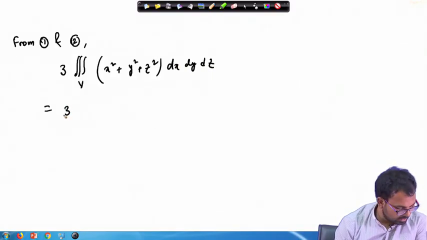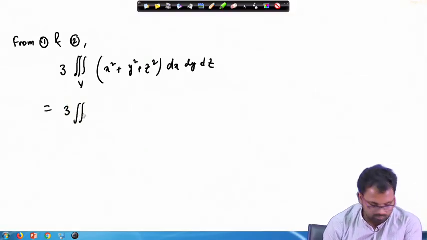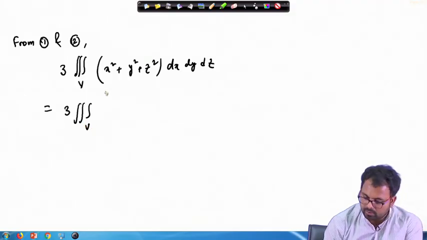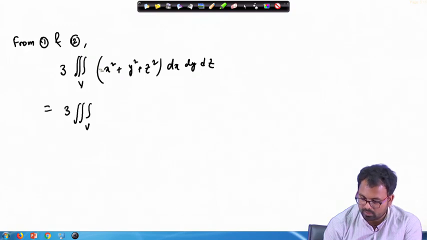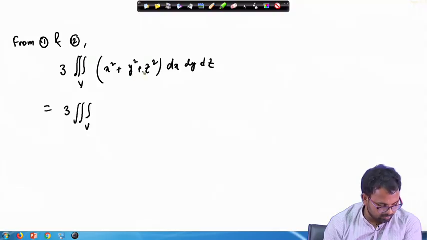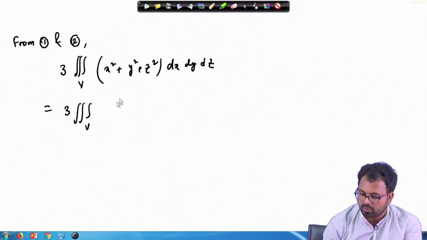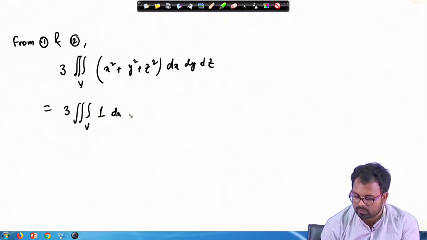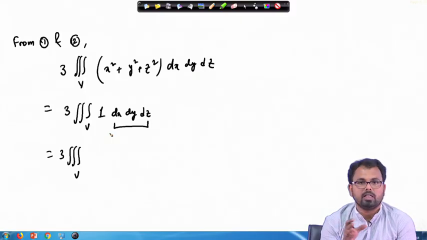Now, this is basically volume integral, and if we substitute x square plus y square plus z square as 1, then in that case this will become 1 dx dy dz, and this is volume integral. So, 1 and then dx dy dz is basically dv. So, that is the volume element.